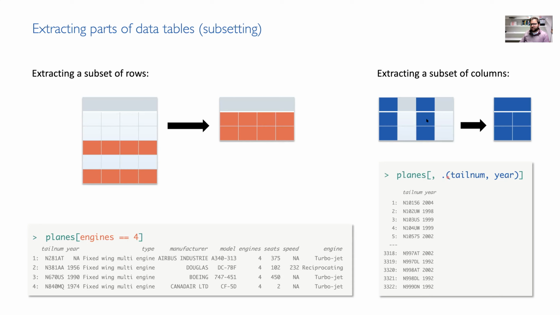For example, we take this planes data set and we want to get the tail number and the year this airplane was built. And then we get a smaller data table back that only has these 2 columns in them. Yeah, so this is all something that you could also do with any other package or any other programming language, of course.